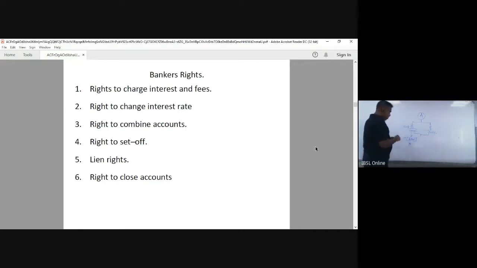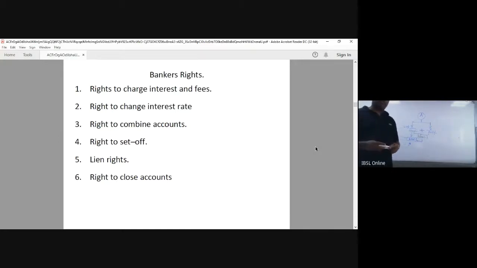Now you see, though he has only 1,000 rupees in this account, if you consider the other account also, if you combine these 2 accounts, then you have 3,000 rupees, which is sufficient to pay this check. So the bank can exercise this right and can combine these 2 accounts and pay the check. This is called combination of account.